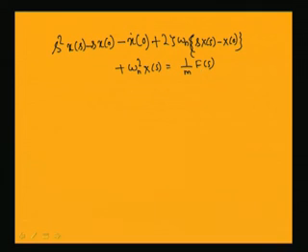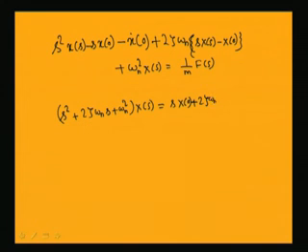I can rearrange these terms and write (s square plus 2 zeta omega n s plus omega n square) X(s) equal to s x(0) plus 2 zeta omega n x(0) plus x dot(0) plus 1 by m F(s).